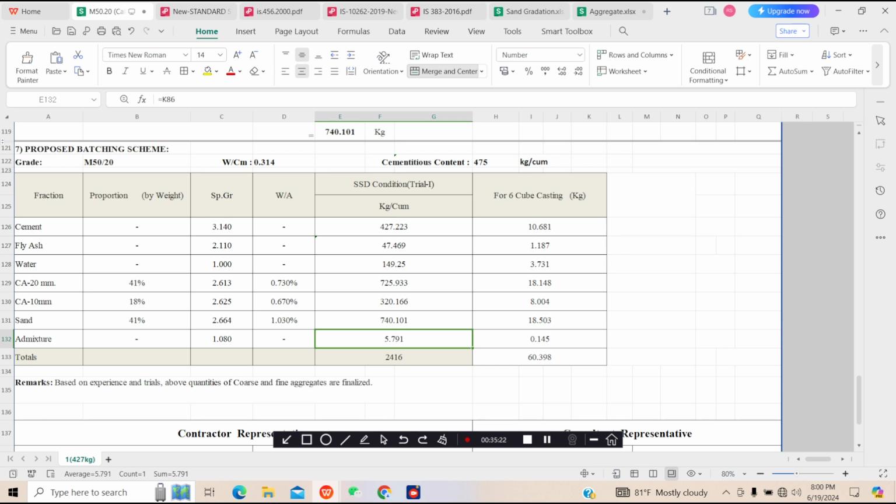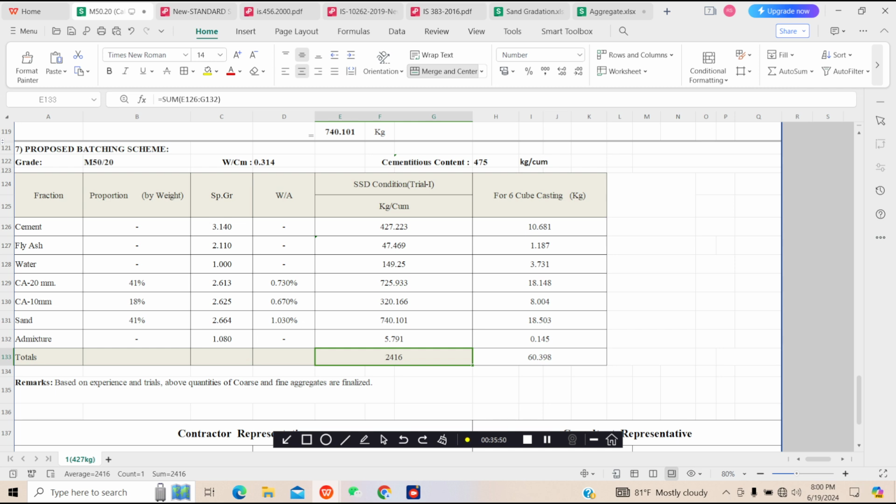And if we sum all these values, it should come above 2400. Since this is concrete only without reinforcement, we have earlier studied that for PCC concrete, the minimum density is 2400 kg per cubic meter.